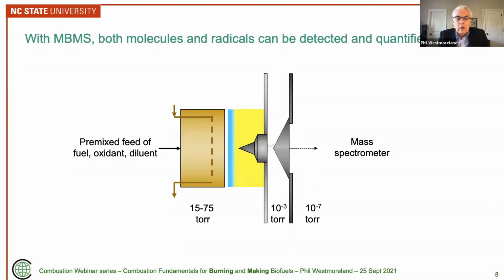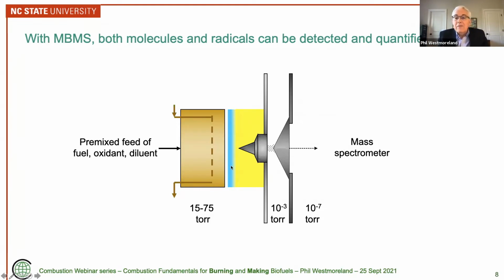So cold enough that unimolecular decompositions are going to be rare as well. Then, using a second nozzle, we skim out the core of that expansion and pass it through as a beam of molecules streaming towards the entrance of a mass spectrometer.